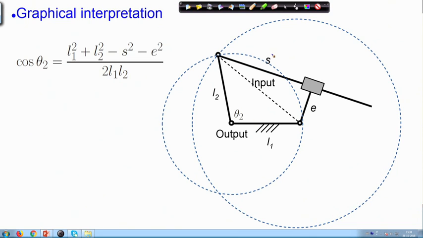Remember that S is specified. If S is specified, then this P Q length is fixed. This is P Q, this length is fixed, but what is not fixed are this angle theta 2 and also this angle.